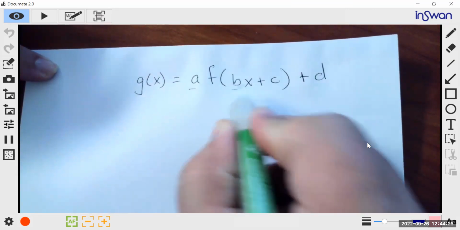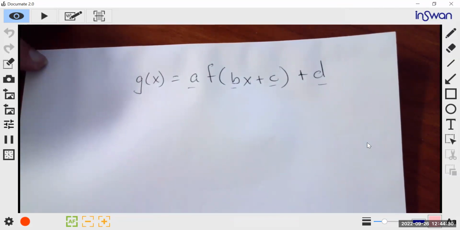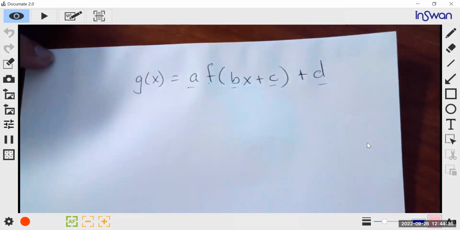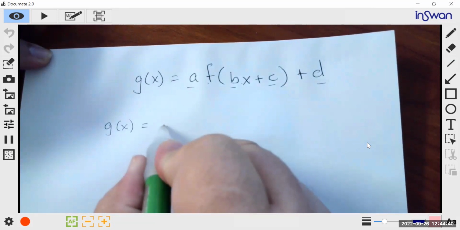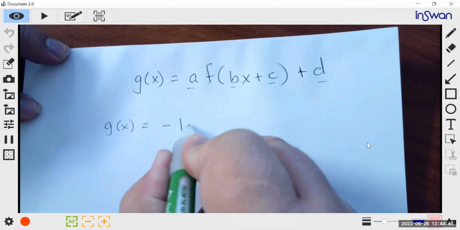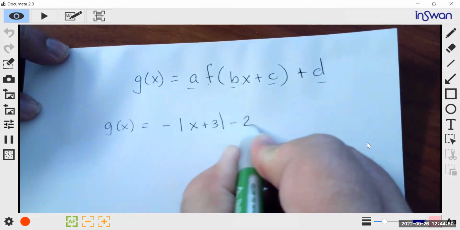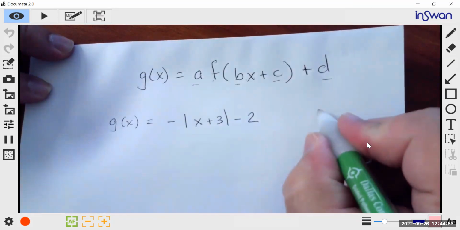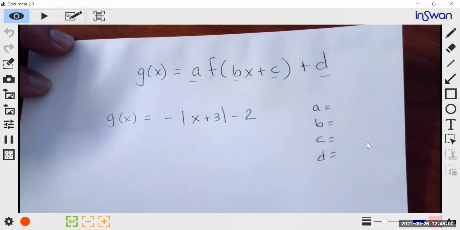Where a, b, and c are numbers, integers. f is the function and x is the variable. For example, tell me what a, b, c, and d are in this equation.